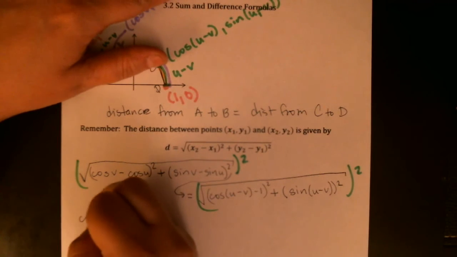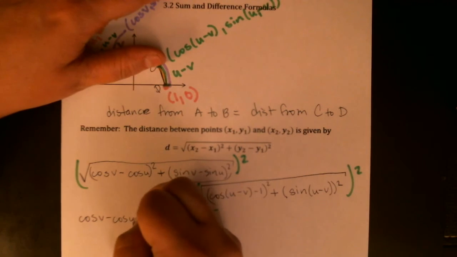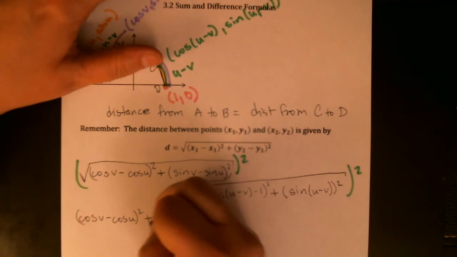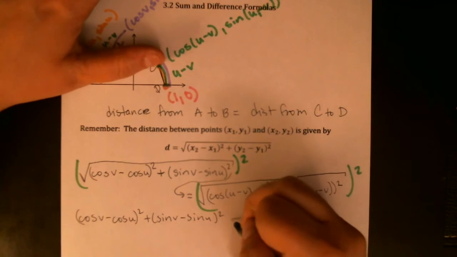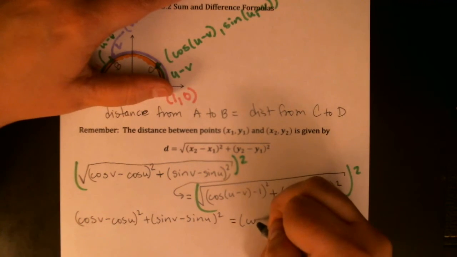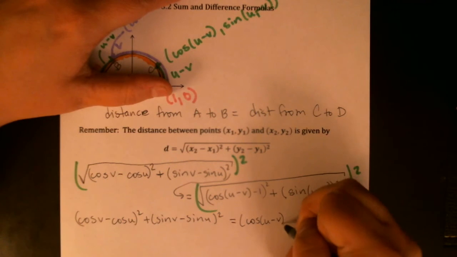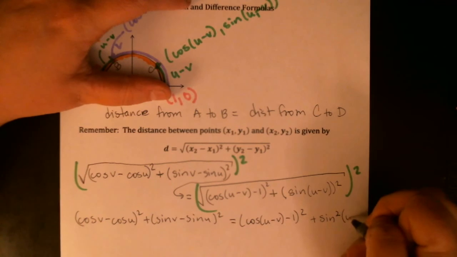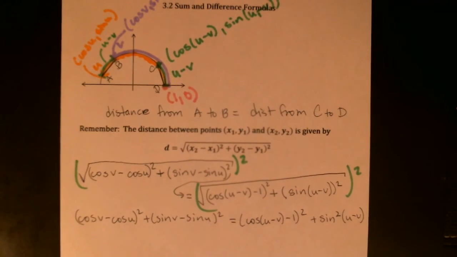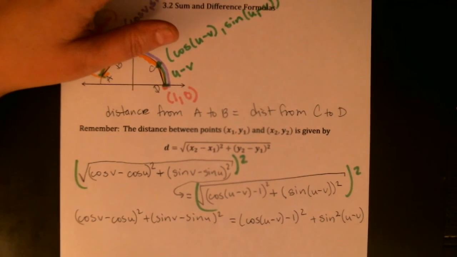So now I have (cosine V minus cosine U) squared plus (sine V minus sine U) squared is equal to (cosine of U minus V, minus 1) squared plus, and I'm just going to rewrite this, sine squared of U minus V. Since it's only a sine in there, we can use the notation for powers on trig functions. Okay, so this is the statement that I'm working on. I want to go further. This is probably going to make it too big to fit on one line again. I'm going to start multiplying some things out.